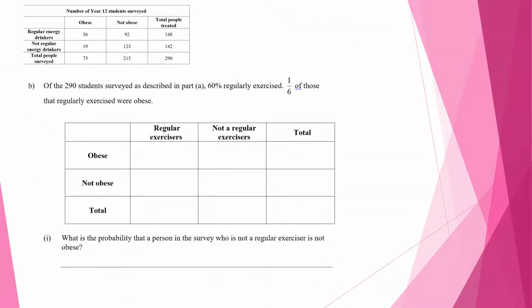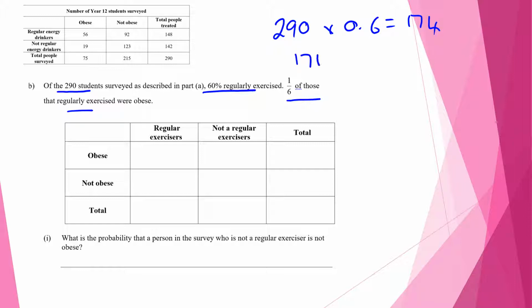Part B is building on the information from Part A. So it's still using the 290 students we were looking at in Part A, and we're saying that 60% of them did regular exercise. So of the 290, 60% regularly exercised. So that's 174 students. And of those 174 students who regularly exercised, 1/6 of them were obese.